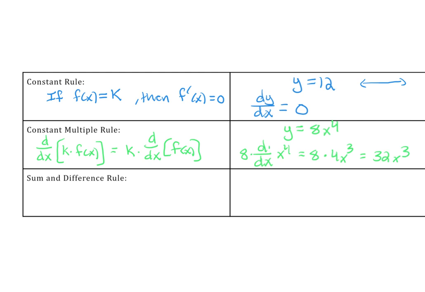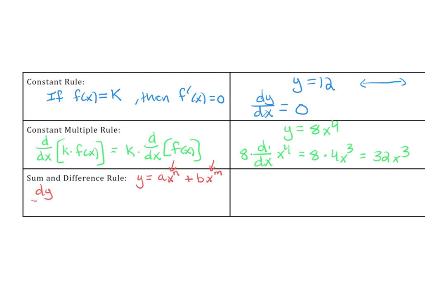And then the sum and difference rule, so now applying just like adding and subtracting. If I have the function y equals ax to the power of n plus bx to the power of m, basically all it's saying is that we're going to take the derivative of both of these.